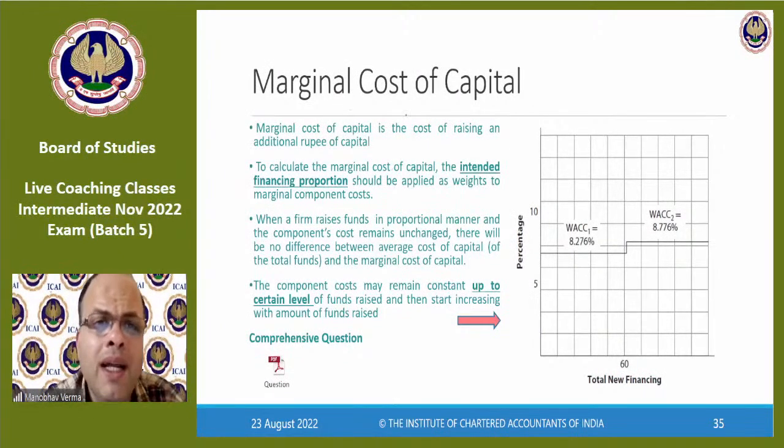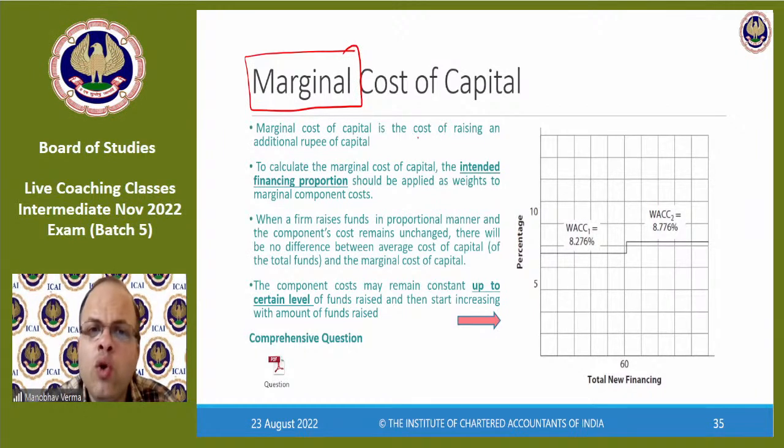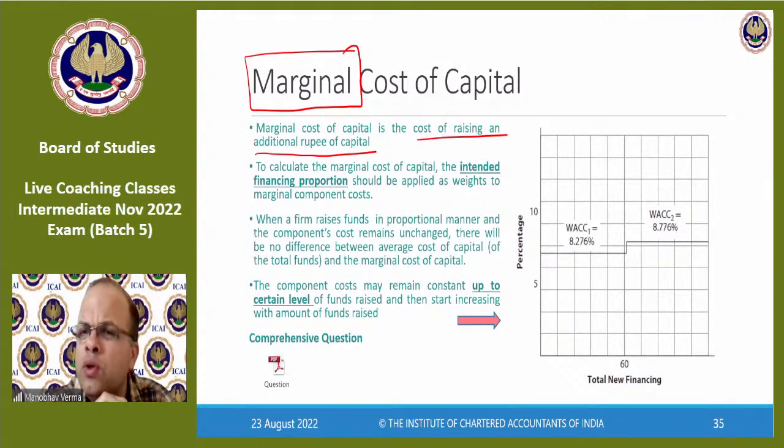Marginal cost of capital, as the name suggests, the term includes marginal, which means the cost of raising an additional rupee of capital. That means if I have to raise an additional rupee of capital, what would be the marginal cost? Till now, what is the important point when it comes to additional issue of capital, guys?